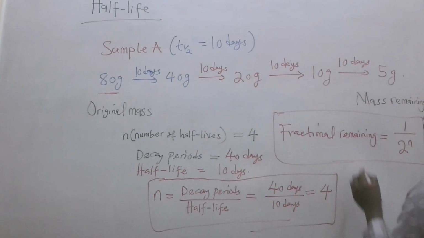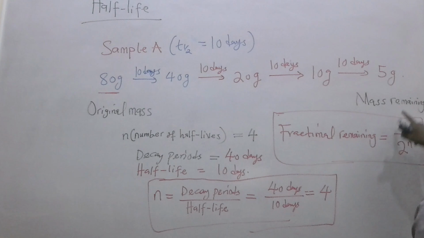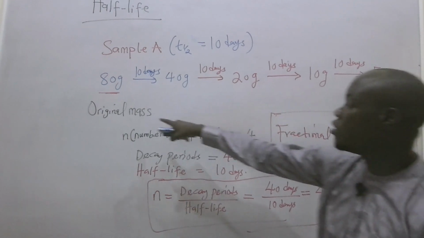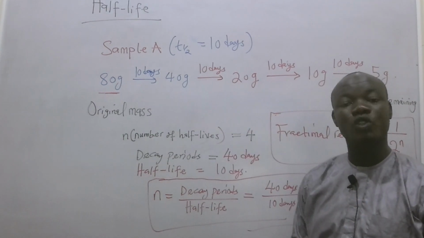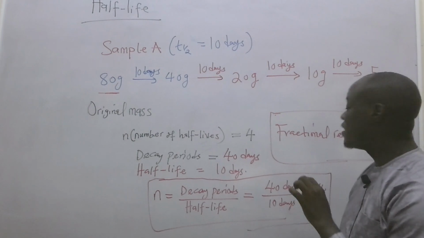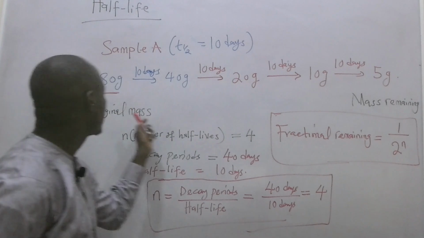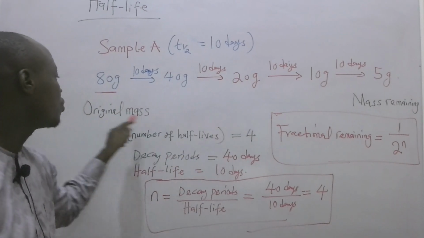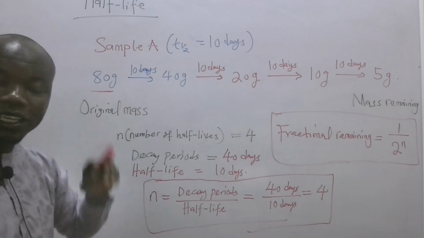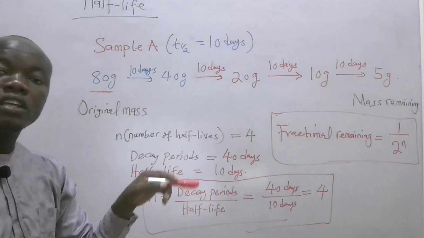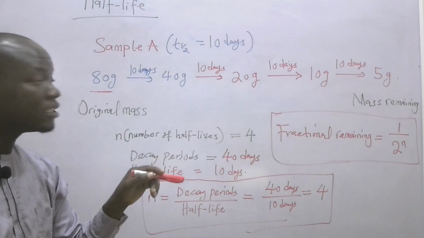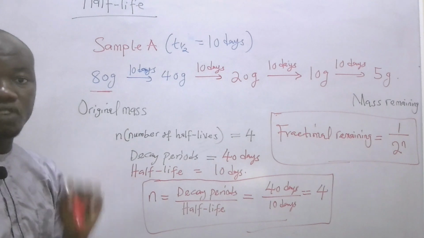And then in addition, we have mass remaining and original mass. Sometimes you will only be given the mass remaining and be asked to calculate the original mass, or in some cases you will be given the original mass and asked to calculate the mass remaining.